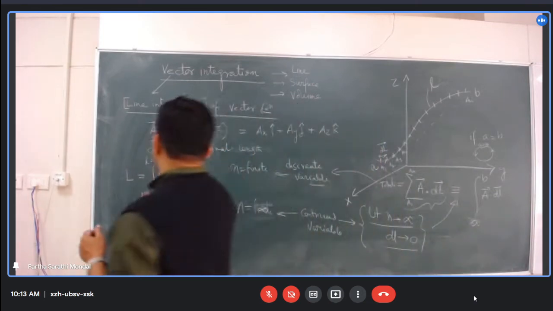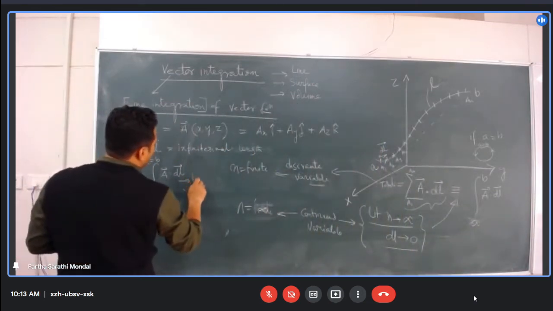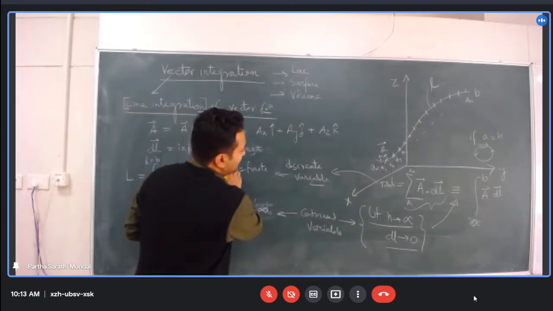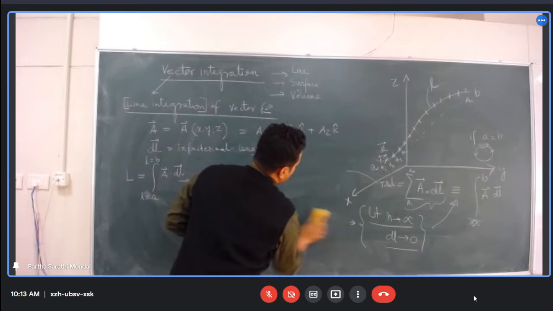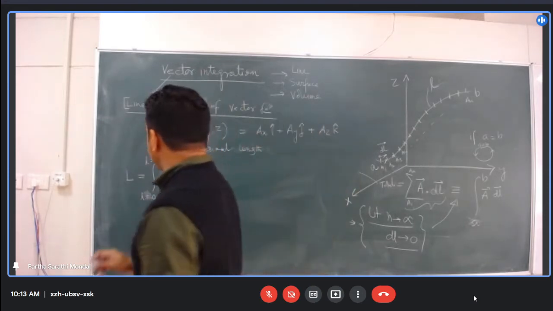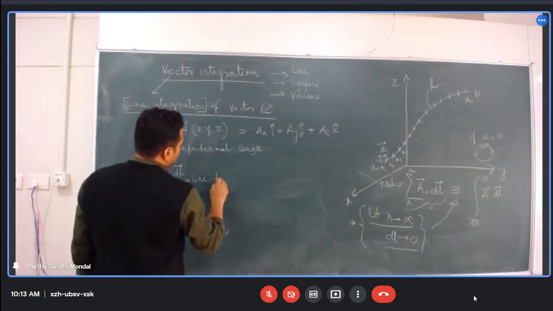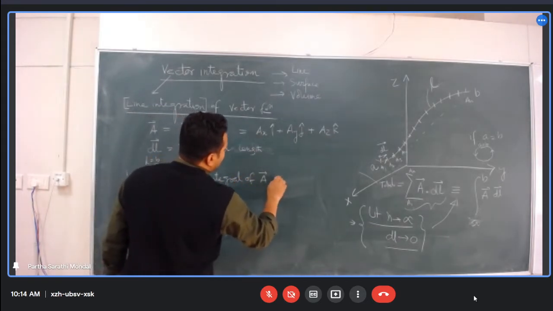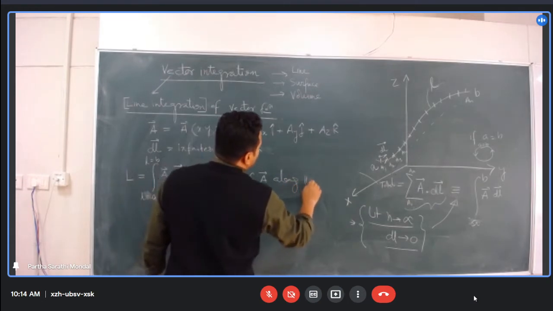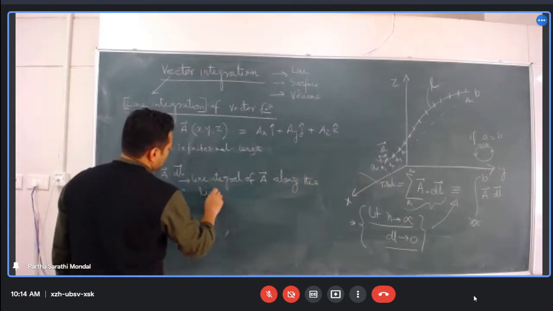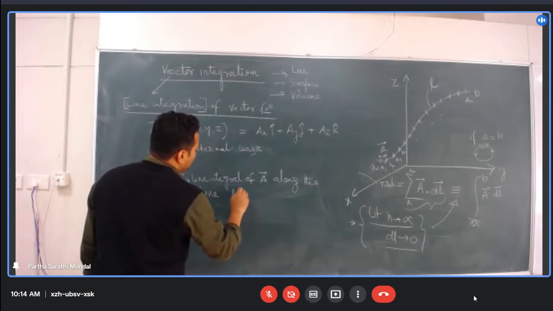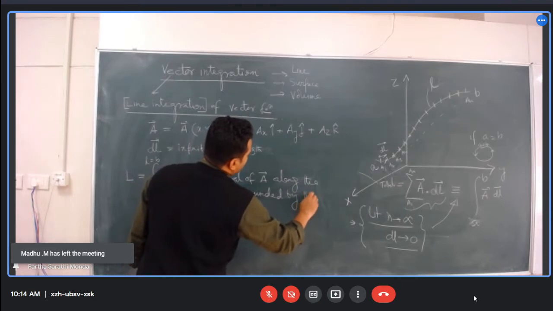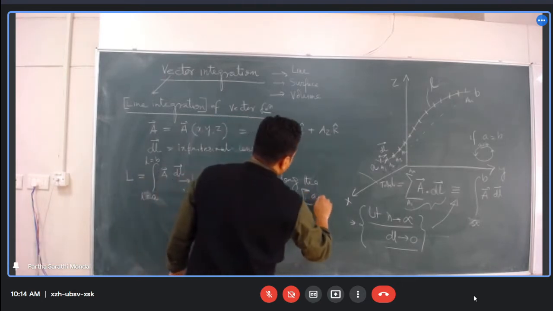So this is actually what we call line integral. इसको हम लोग बोलते हैं line integral of A along the line L bounded by A to B.